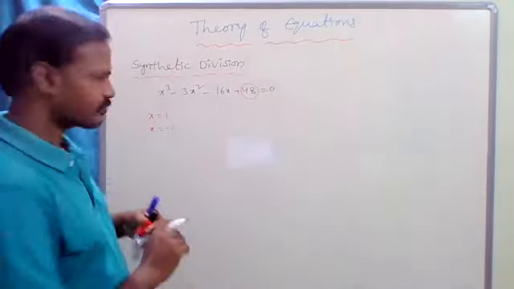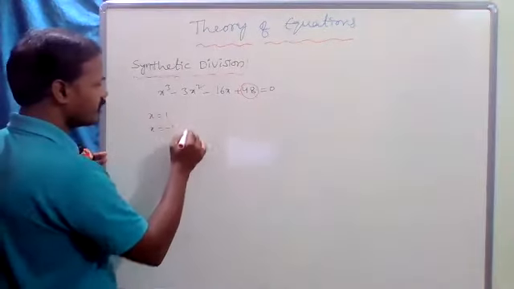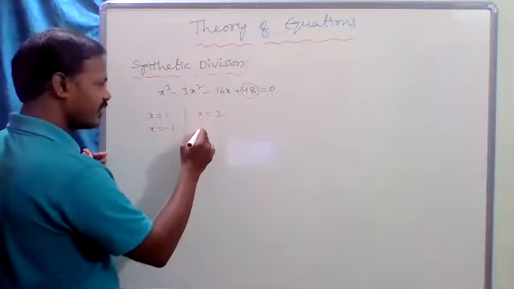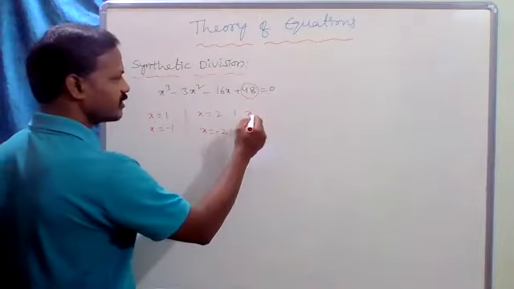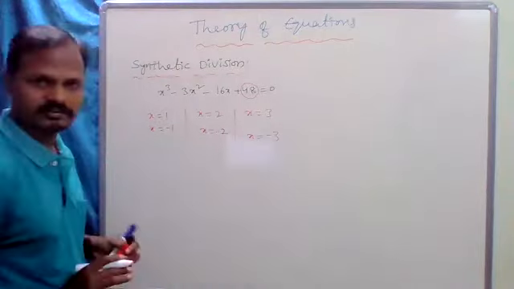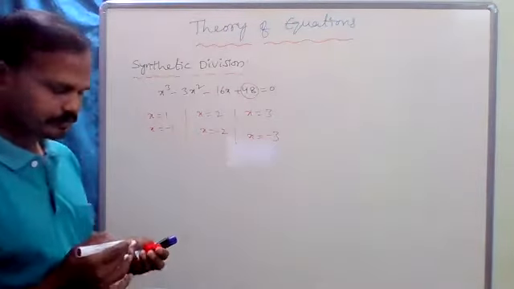If x equal to -1 also fails, then apply x equal to 2. If it fails, then x equal to -2, then x equal to 3, then x equal to -3, like that.